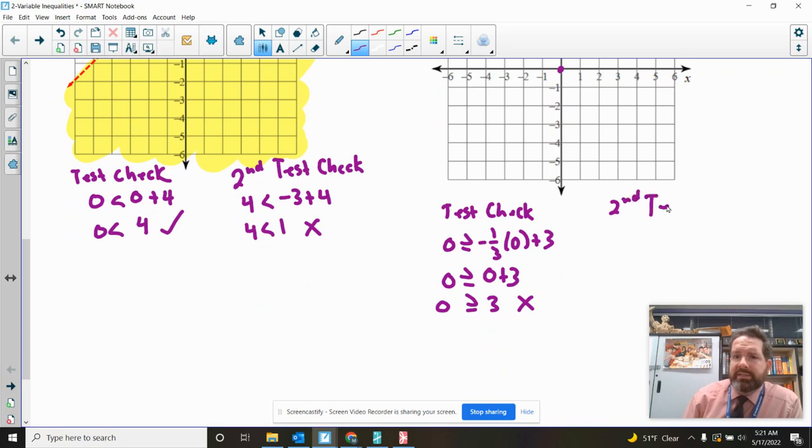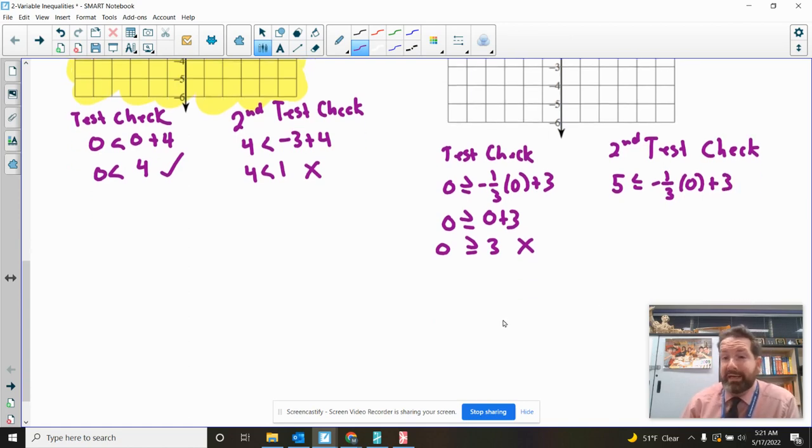We're going to put a 5 in for the y, a 0 in for the x, and see if we get something true or false. Now, I hope it's something true this time, since I picked a number from the above region, above that boundary line. So is 5 less than or equal to 0 plus 3?